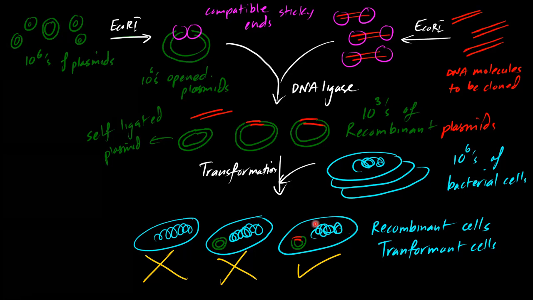Now, next, it's our job to find the bacteria that will have our insert carried by the plasmid. And this could be easily done by, for example, taking the plasmid out for analysis.